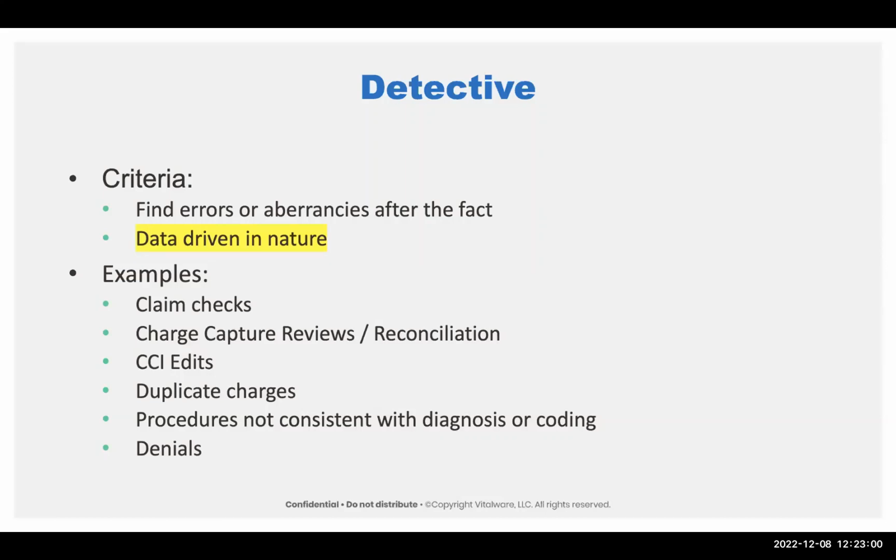So what I see as detective are claim checks. They find the charge errors after the fact: charge capture reviews, CCI edits, duplicate charge capture, procedures not consistent with the diagnosis or coding, sex-based procedures with the wrong sex, and denials.